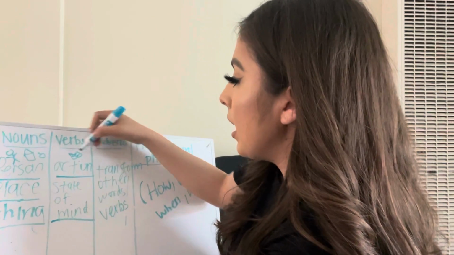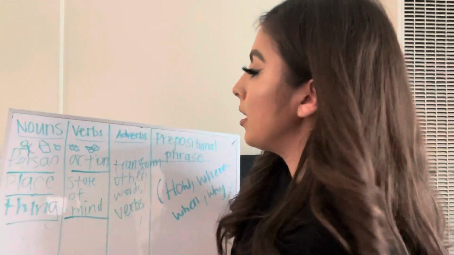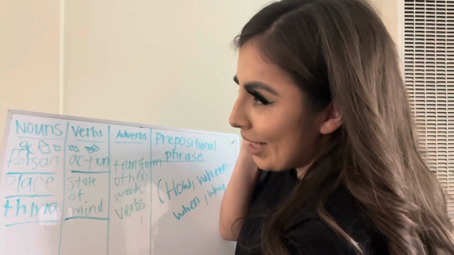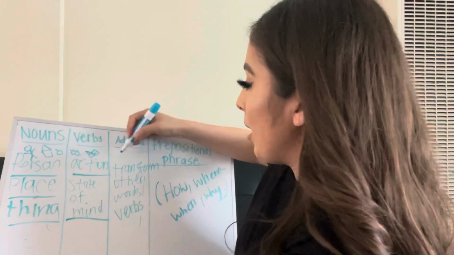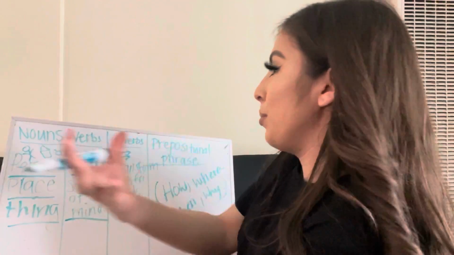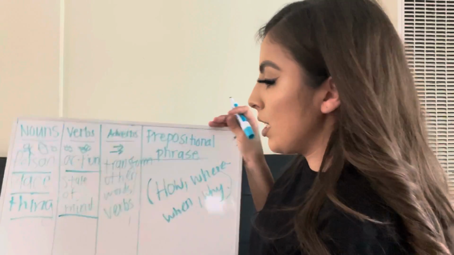It could be swimming in the water. And I'm sorry, I'm not the best at drawing. An adverb can be described as fast. So I can just be moving fast. And a preposition is how, where, when, and why.